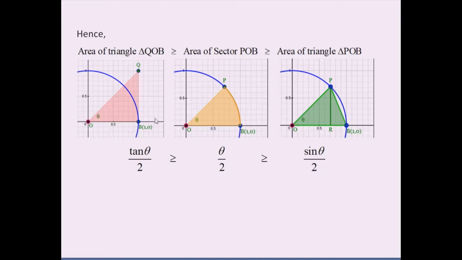So in summary, the area of the large triangle is tangent of theta divided by 2. The area of the sector is theta divided by 2. The area of the small triangle is sine of theta divided by 2.